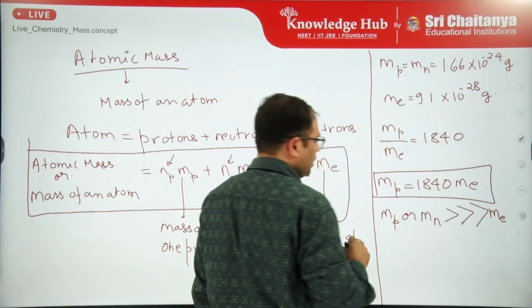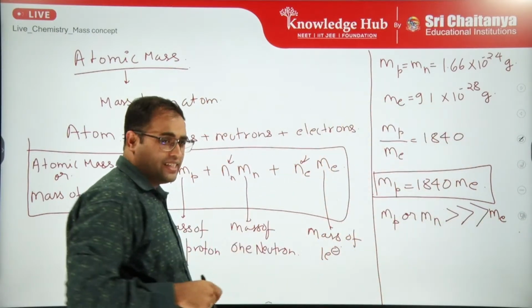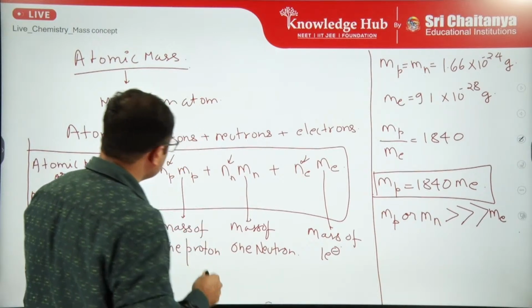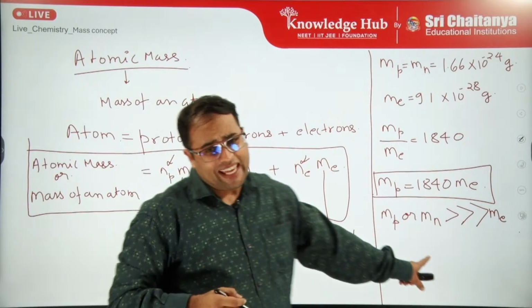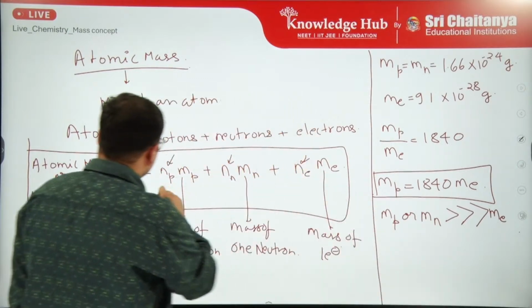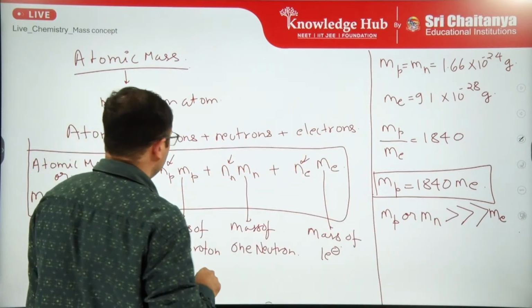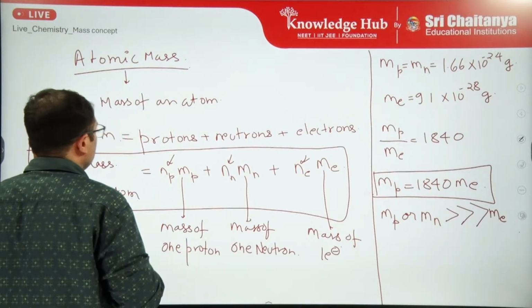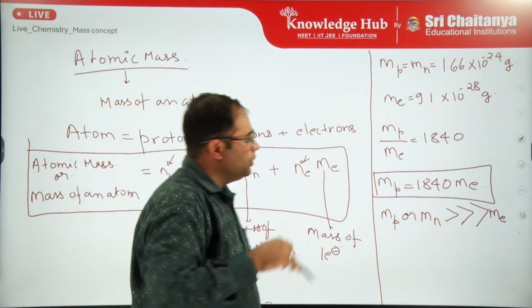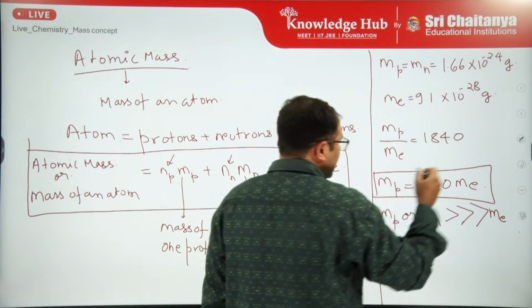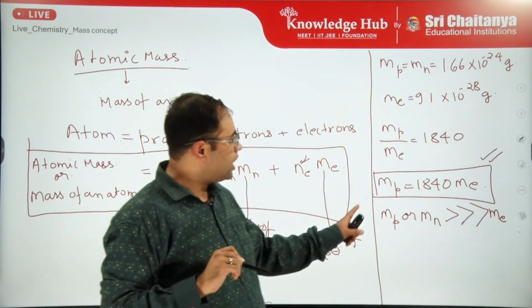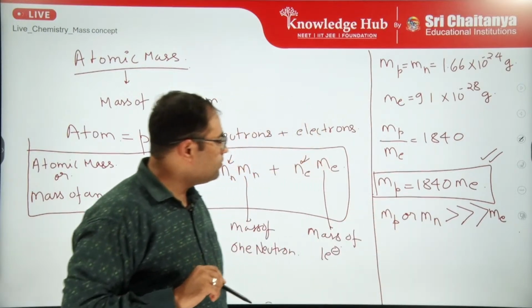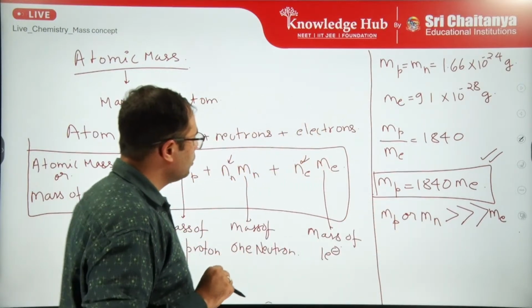Mass of electron, right? I can say this, correct? So if I can say this, now let us move on to this equation again. I am going to clear this up and leave you with this, where it shows that mass of proton is very, very large than mass of electron.